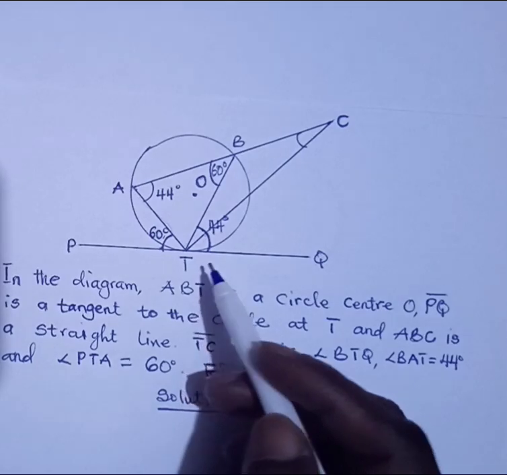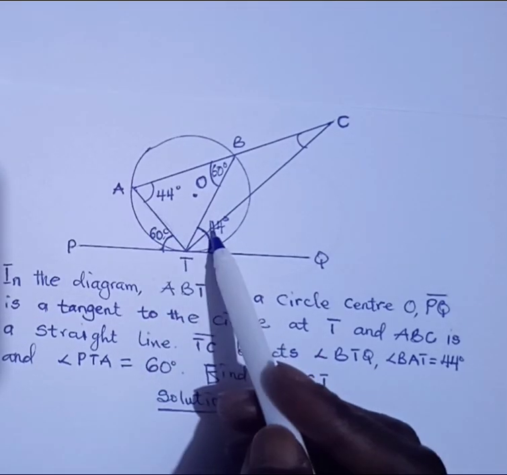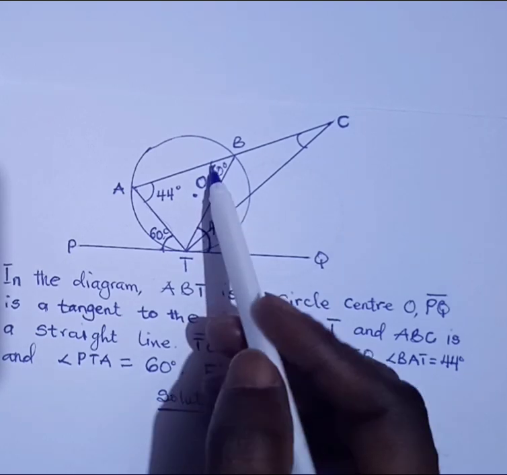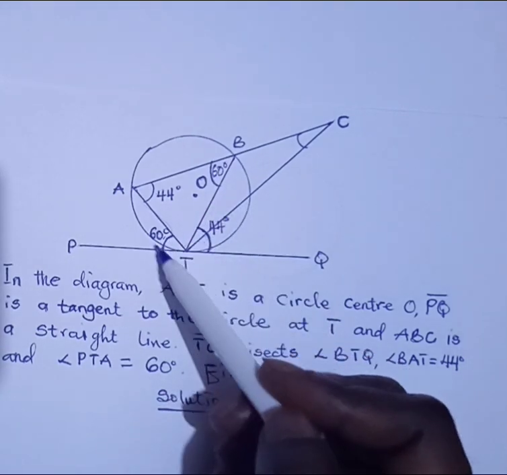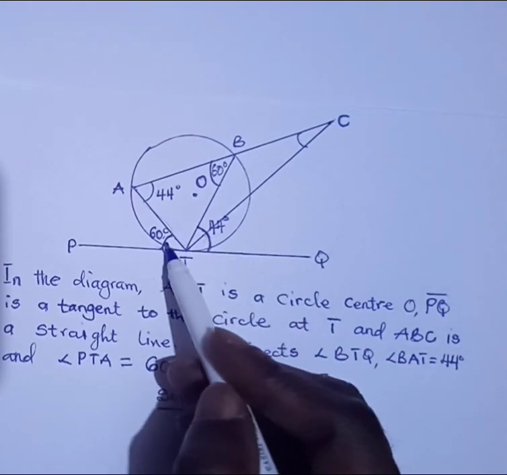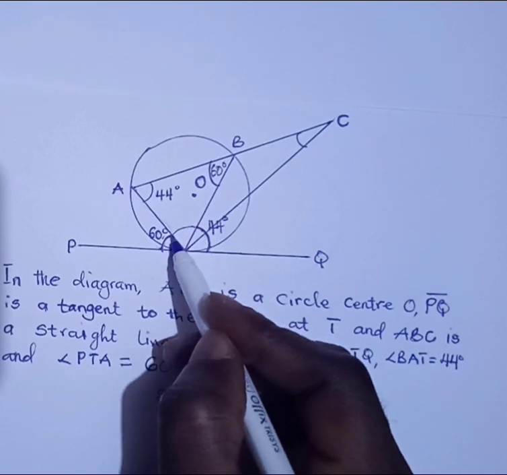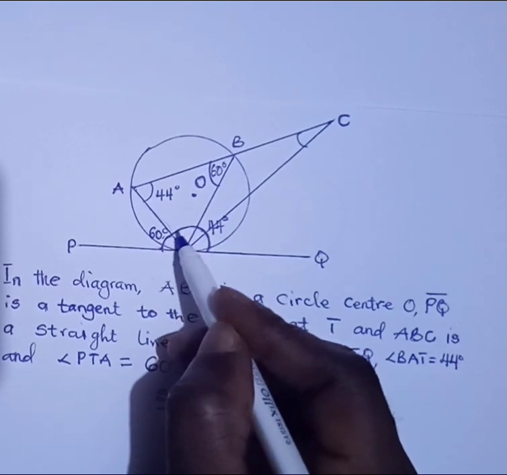Since this angle is equal to this angle, and this angle is also equal to this angle, then since we have 60 here and 60 here, we can quickly look for this particular angle here.